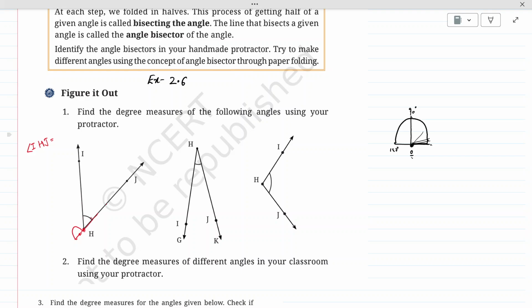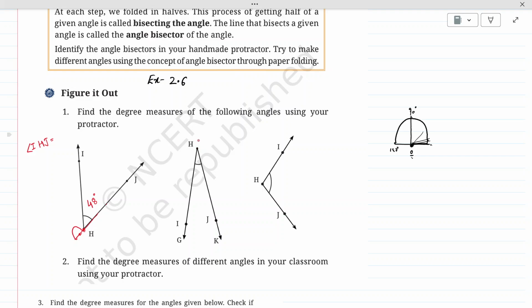When you do this, it will turn out to be around 48 degrees. For 48 degrees, this is an acute angle, it is lesser than 90 degrees. This is the way we have to do it.